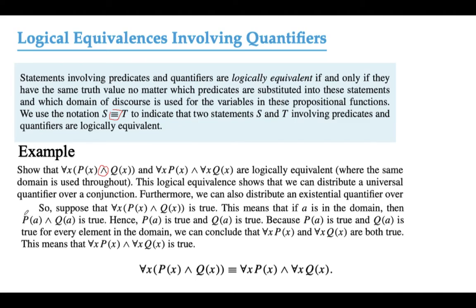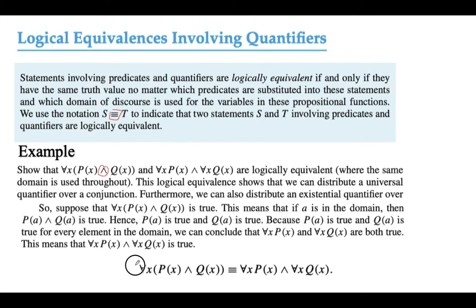Hence p of a is true and q of a is true for every element in the domain. We can conclude that for all x p of x and for all x q of x are both true.